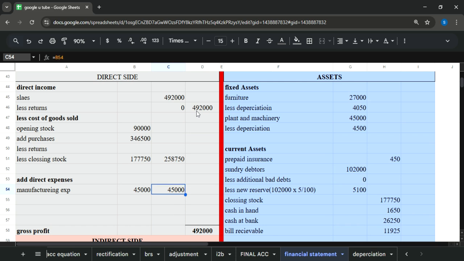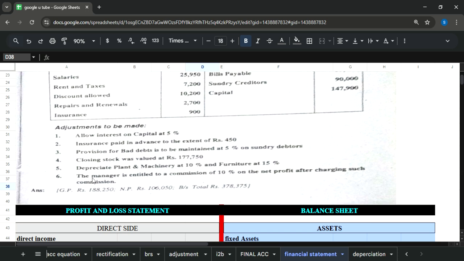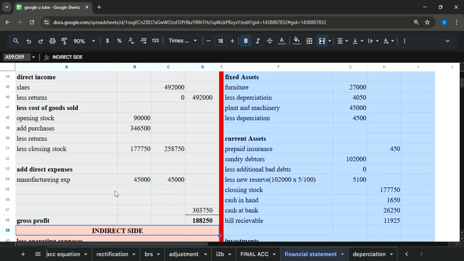We are now able to calculate the final cost of goods sold, where the first part of cost of goods sold plus all direct expenses. So cost of goods sold has been calculated, and look here, your answer for gross profit is 188,250.